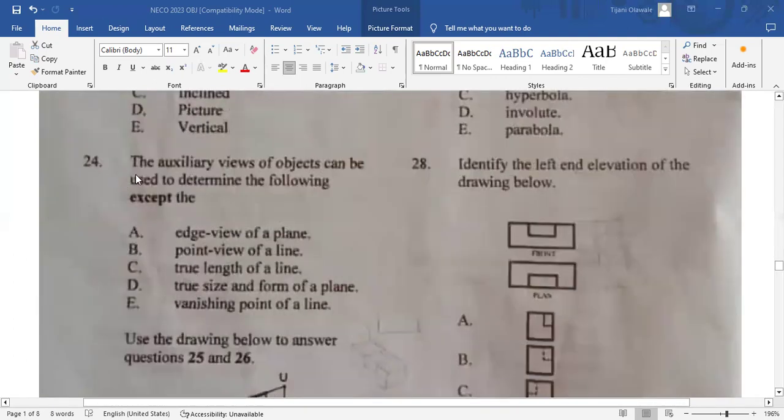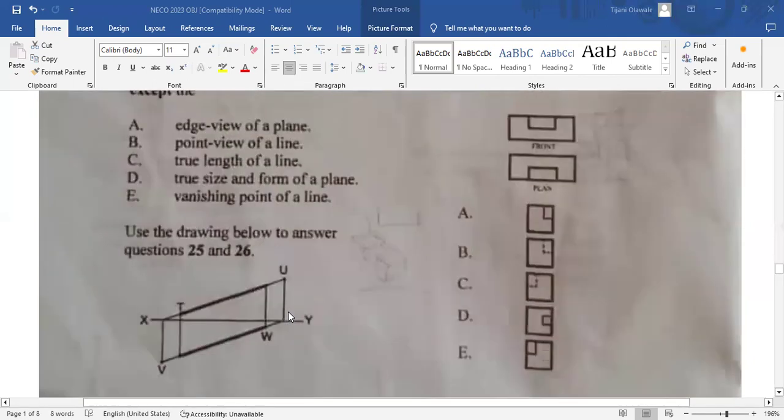Then question 24 says that the auxiliary views of objects can be used to determine the following, except the edge view of a plane, point view of a line, true length of a line, true size and form of a line, vanishing point of a line. So the answer to this question is option E, vanishing point of a line.